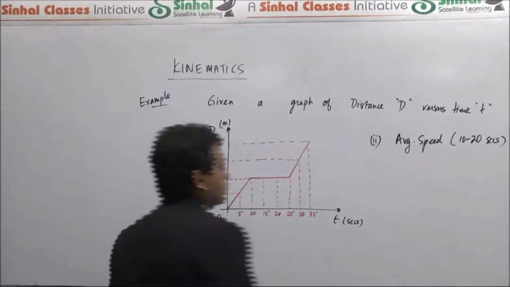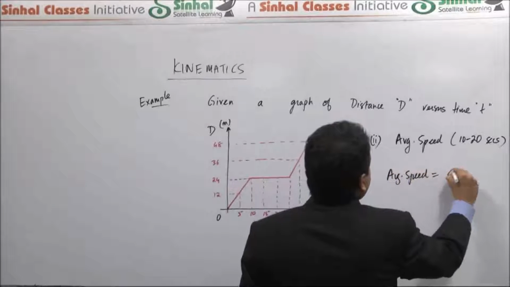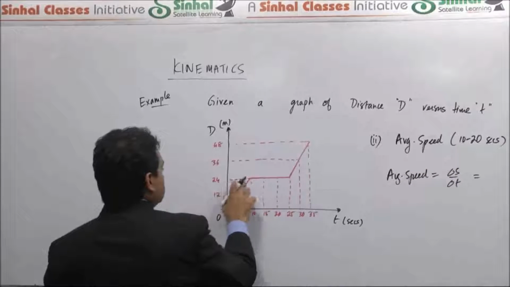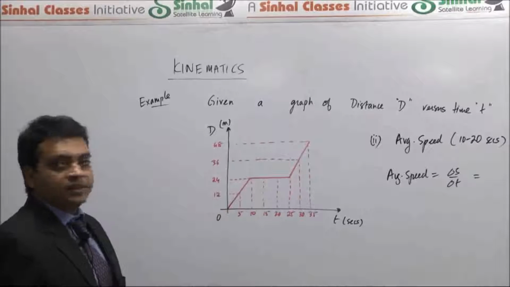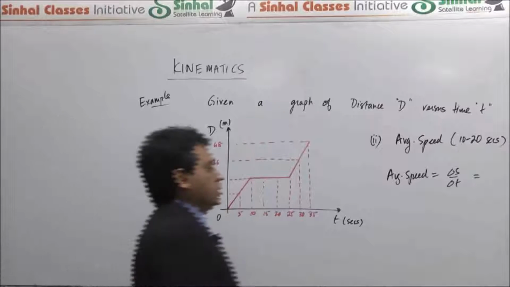As you can see, the average speed is distance divided by time. In 10 to 20 seconds, the distance remains 24 to 24. That means the extra distance traveled between 10 and 20 seconds is 0 meters. So that is 0.